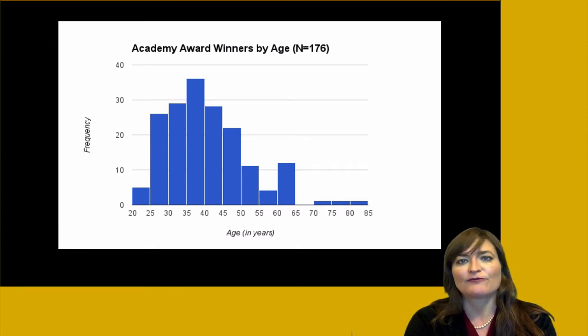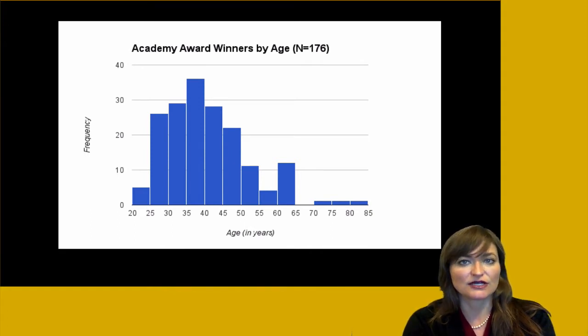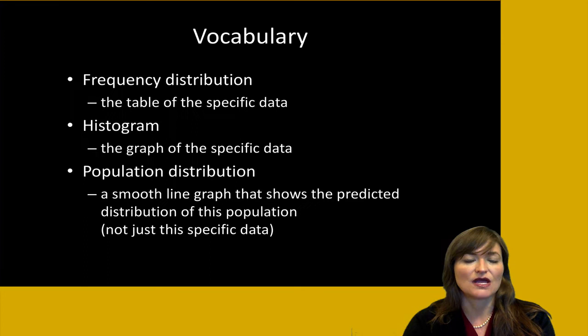Now that we have the histogram looking roughly the way we want it to look, let's take a minute and talk about some of the vocabulary and really discuss some of the visual reasoning concepts that we need to apply when we're considering histograms. So I've used a couple of different vocabulary words so far. The first one I used was frequency distribution.